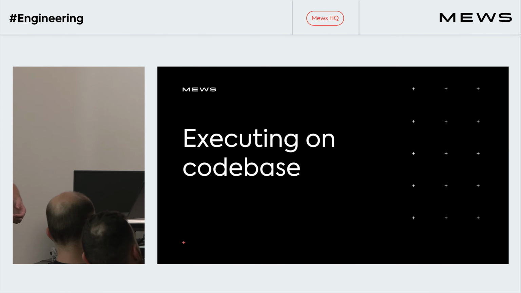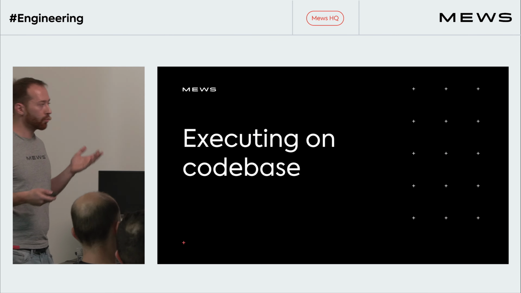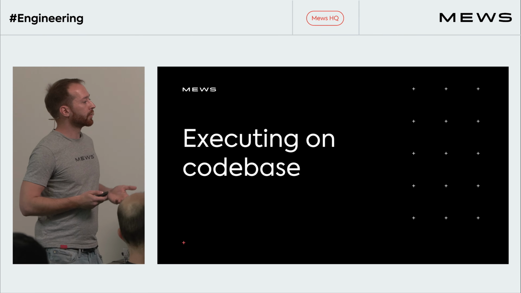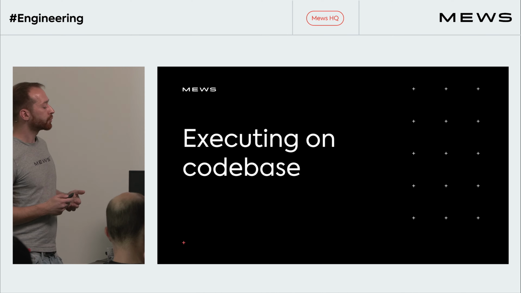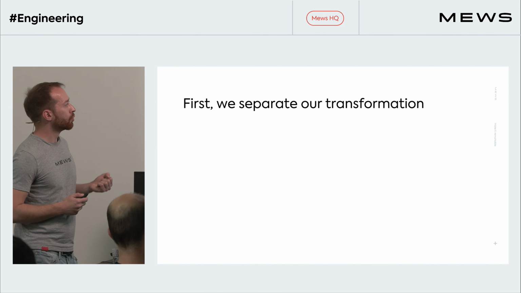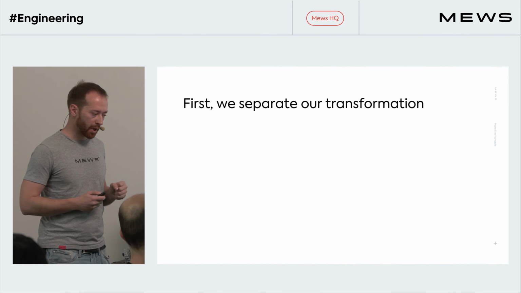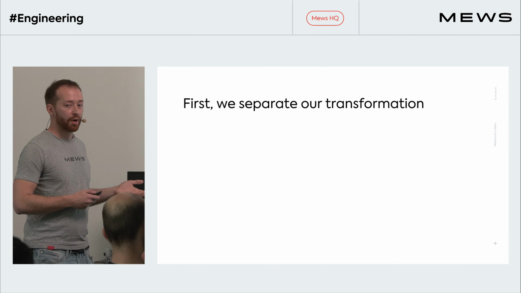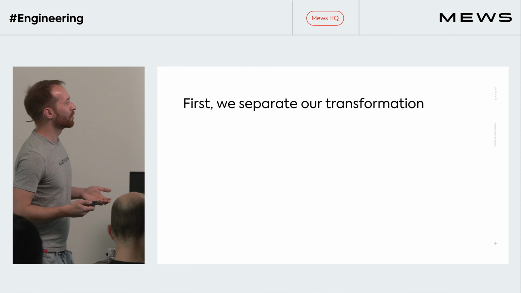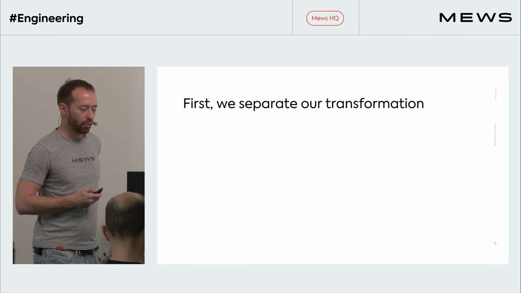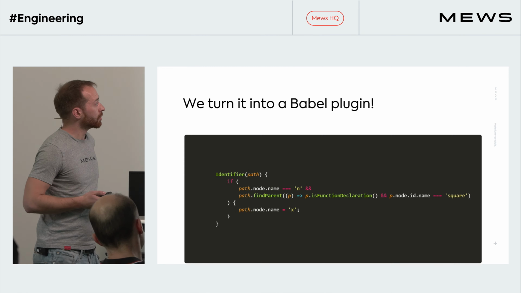But that's just the beginning. We now know how to execute the code mode, how to write it, but we need to have tools to execute it on the whole code base, because we need a large scale, right? So what do we do? Well, we first separate our transformation. Since we are working with Babel, we will do a Babel plugin. And if you have ever been wondering what a Babel plugin looks like, they are actually very simple.